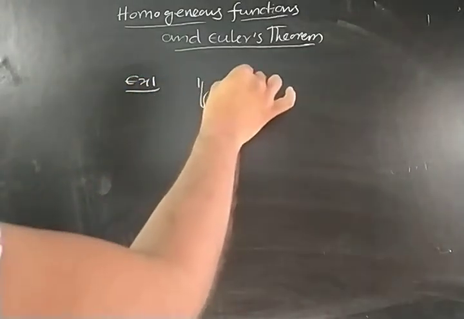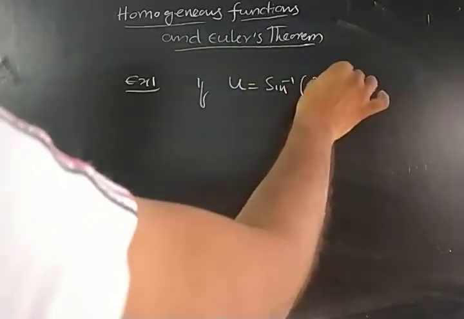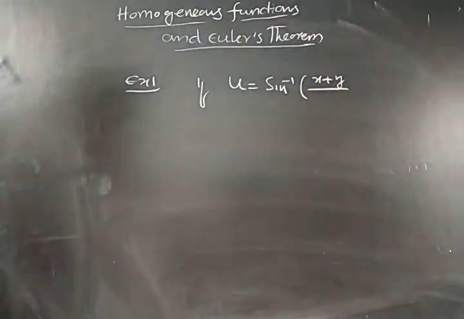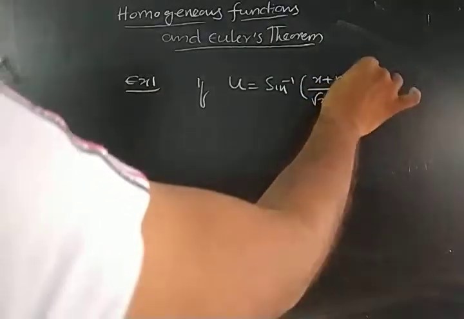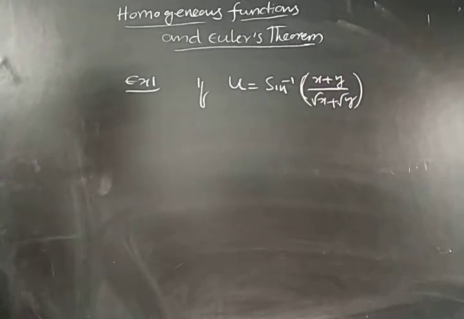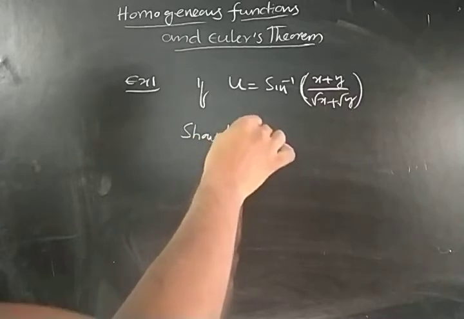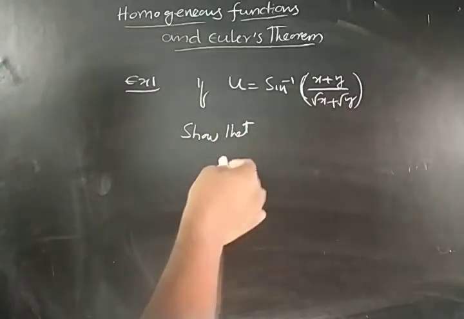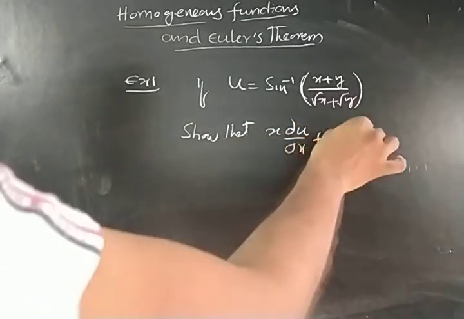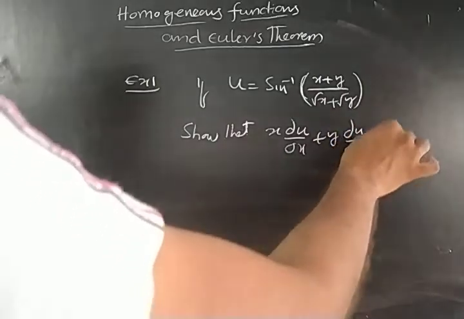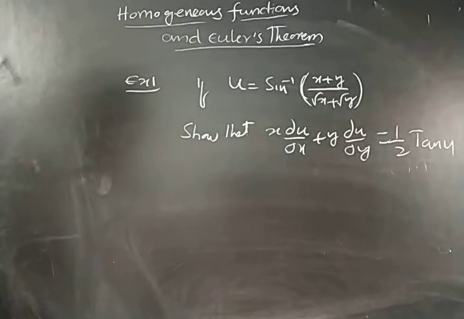If u is equal to sin inverse of (x plus y) by (root x plus root y), show that x ∂u/∂x plus y ∂u/∂y is equal to 1/2 of tan u.